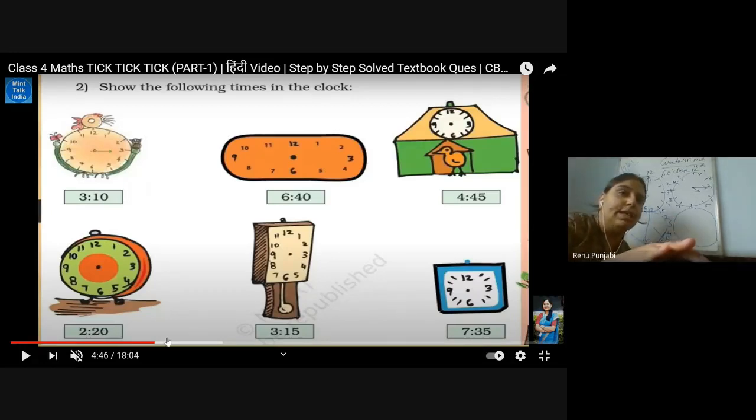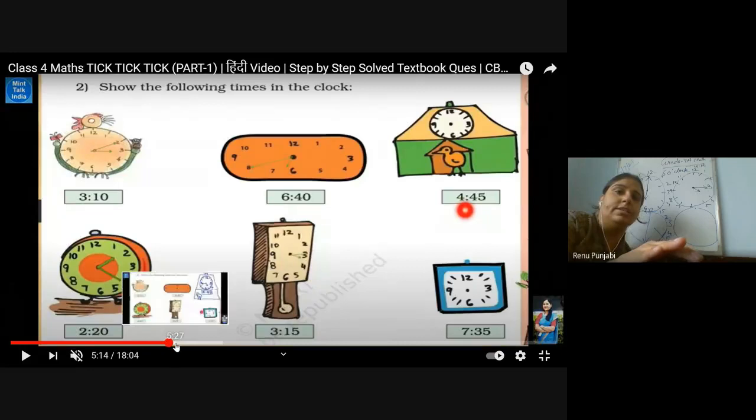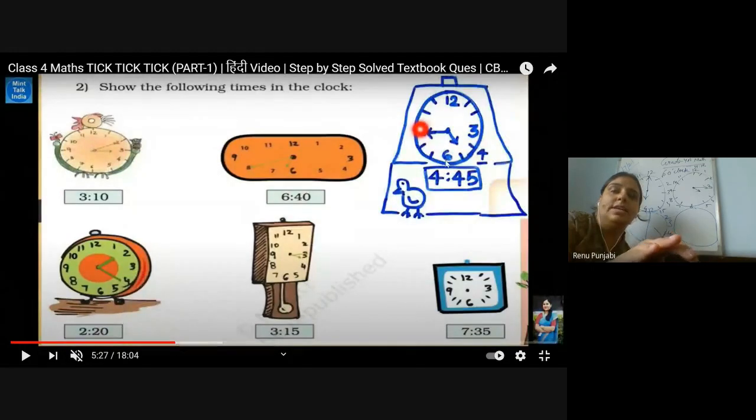I'll show you the hands on the clock also. The first clock is showing 3:10. On the second clock, it is not exactly on 6. It has slightly moved towards 7 and the long hand is on 8. On the third clock, when it is 4:45, the short hand is not exactly on 5.